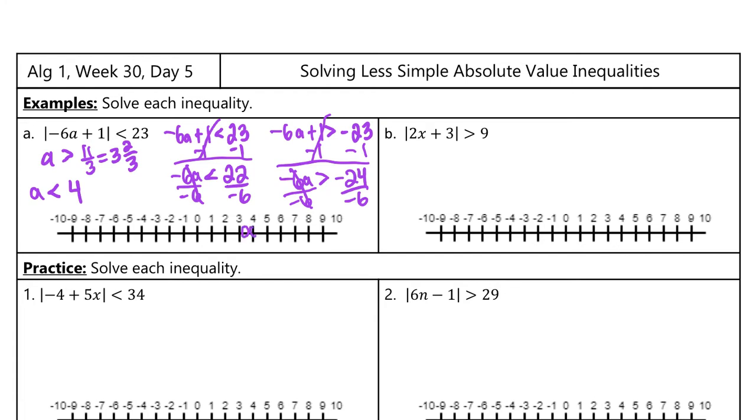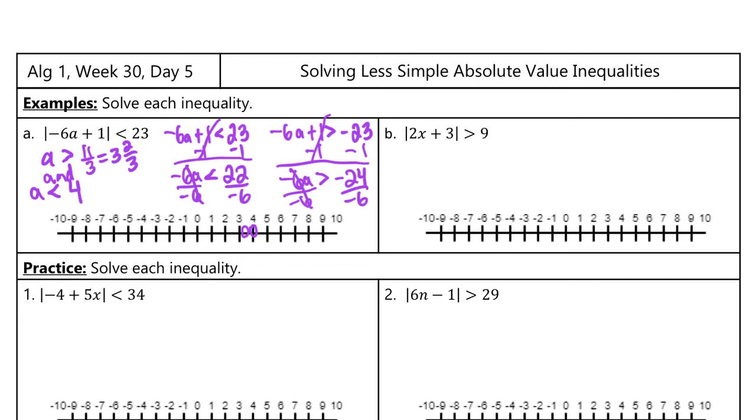That's a really small amount. Like, that's just this little bitty spot. Is that how this was supposed to happen? I don't even know. I think so. Okay, so it's an and, and we're saying a has to be between 3 2/3 and 4.